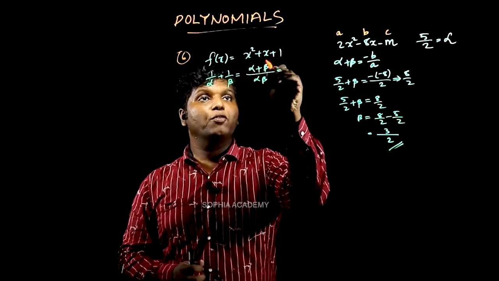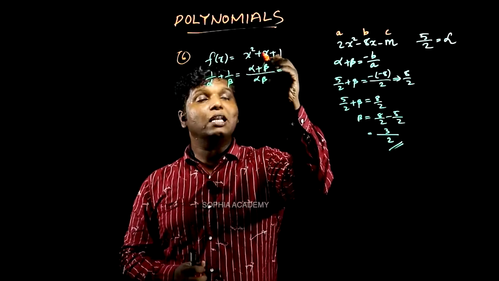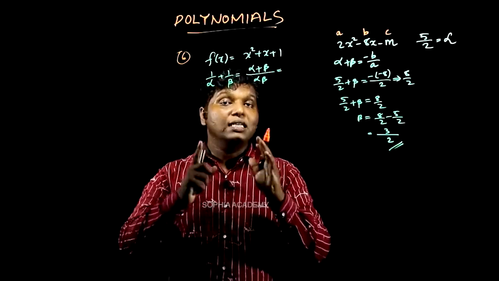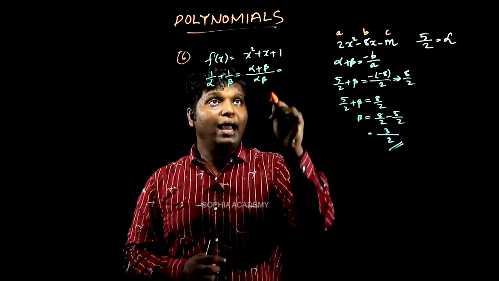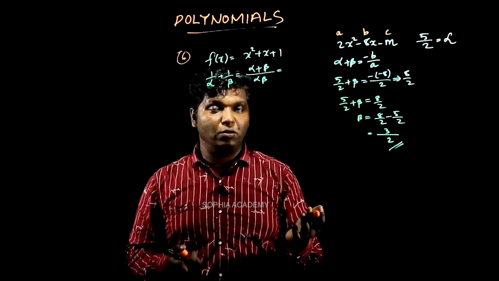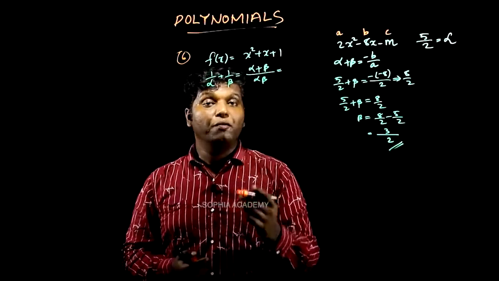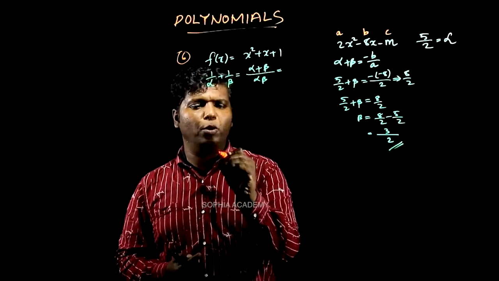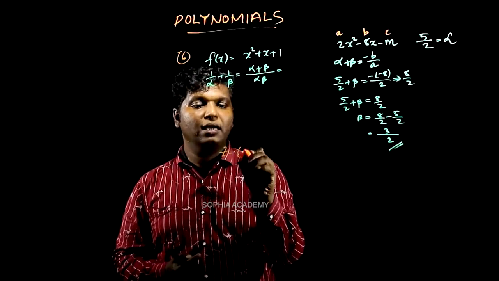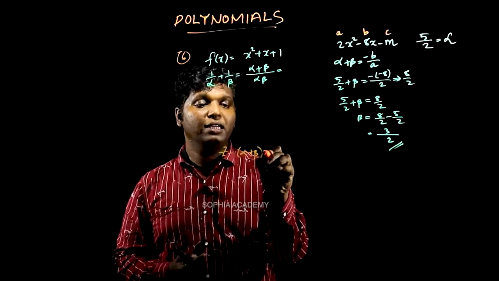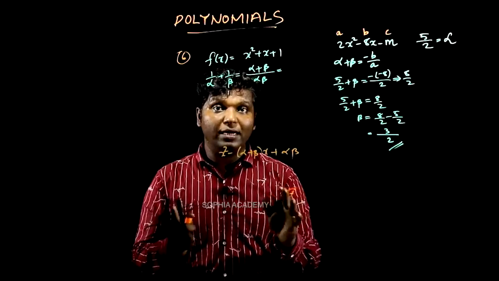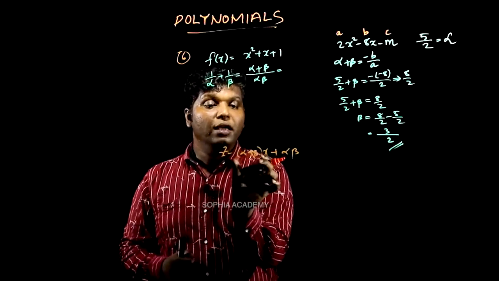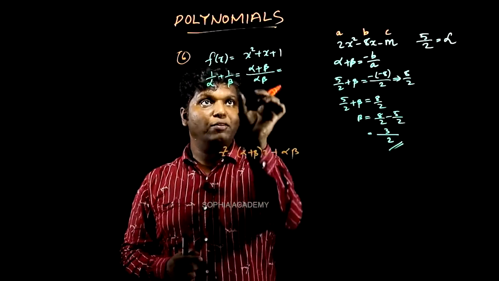Regarding the general form, the center part will be the sum of the zeros, and the final one will be the product of zeros. Because we already know how you write a polynomial: x square minus alpha plus beta into x plus alpha beta. This is the general form. So this alpha plus beta will be the center term.